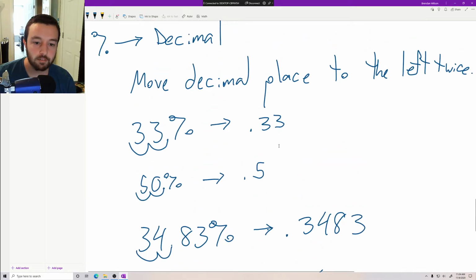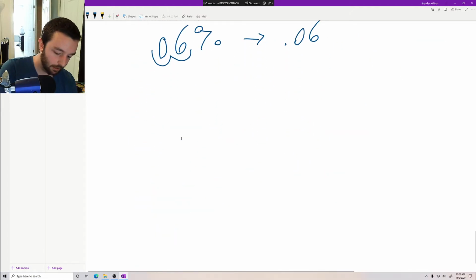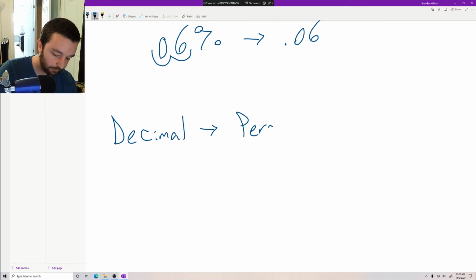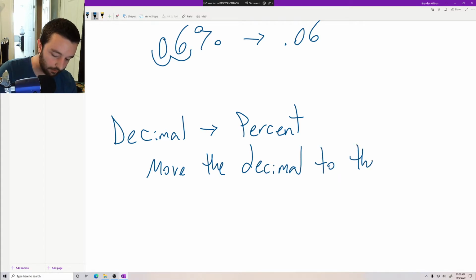Now it stands to reason if you wanted to go the other way, you would just do the opposite thing. You would move the decimal to the right twice, and that is exactly what we would do. Okay. So decimal to a percent, we just move the decimal to the right twice.